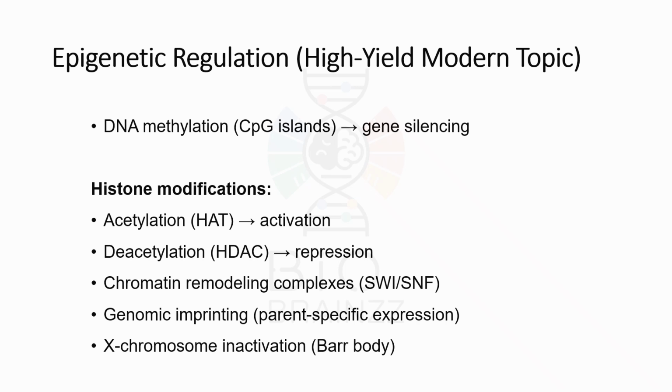Chromatin remodeling complexes help in repositioning of nucleosomes. Other important concepts include genomic imprinting, where only one parental allele is expressed, and X chromosome inactivation, which leads to formation of Barr body in females.